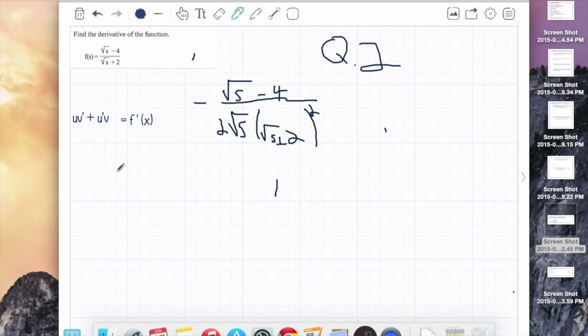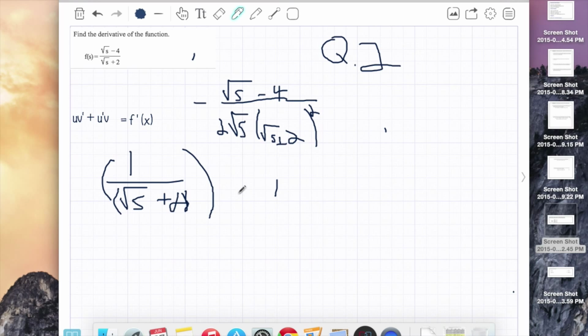Okay, so now we're going to take the derivative of u, to get u prime v. So first we're going to just take the function v, which we said was 1 over the square root of s plus 2, and just put this in brackets.